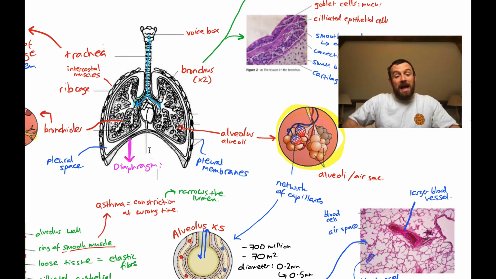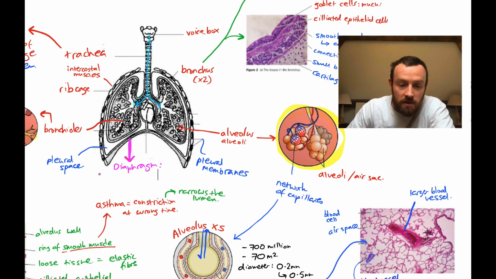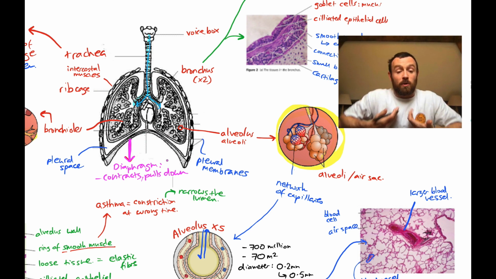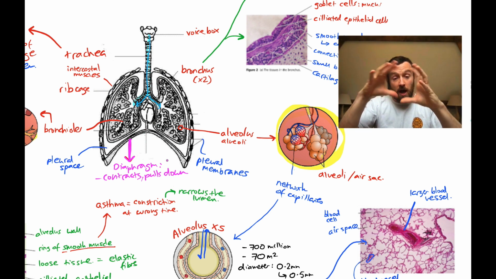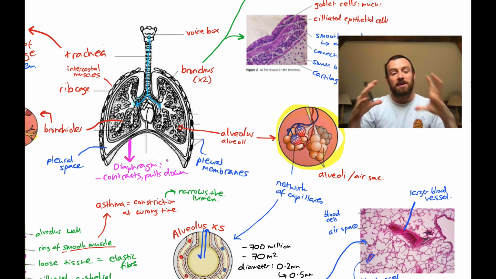When it's relaxed, it's up, and when the muscles in the diaphragm contract, it pulls down. When it pulls down, it increases the volume within the lung cavities, which decreases the pressure.